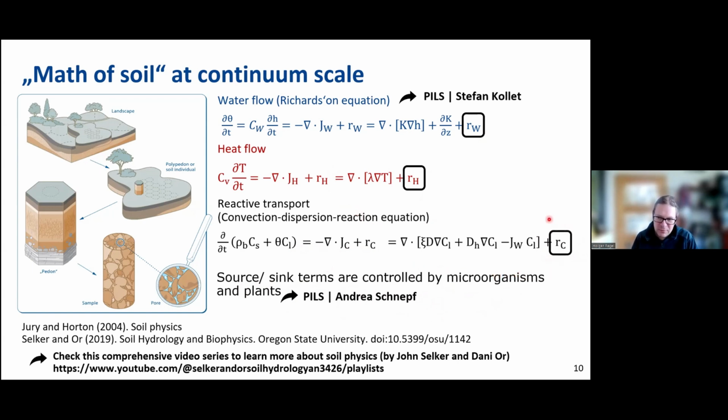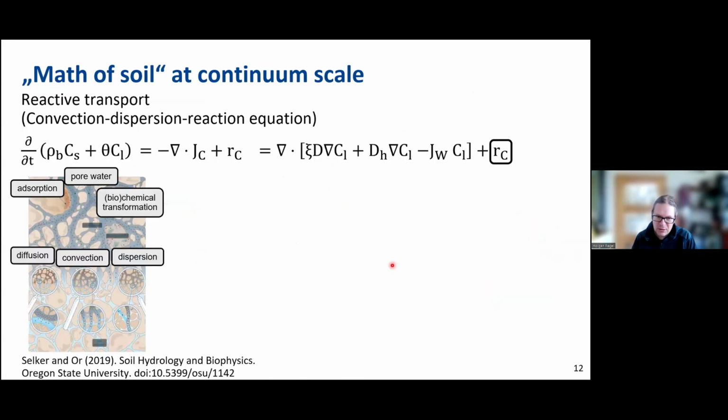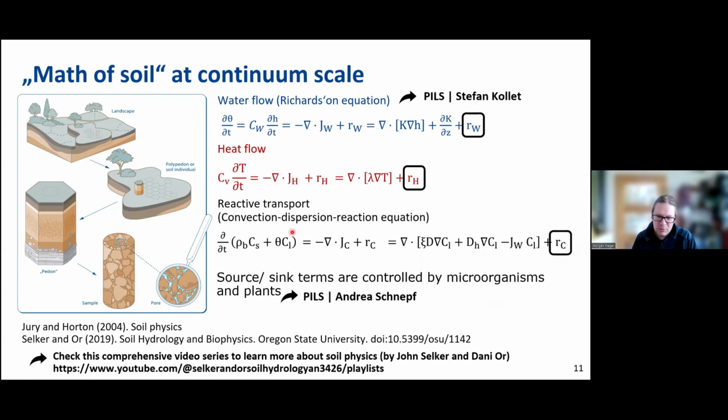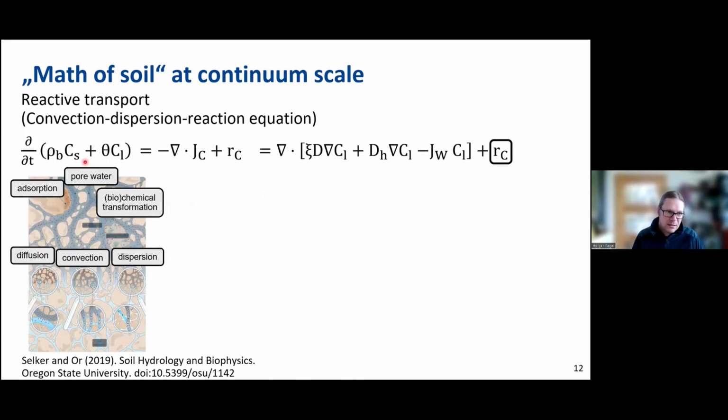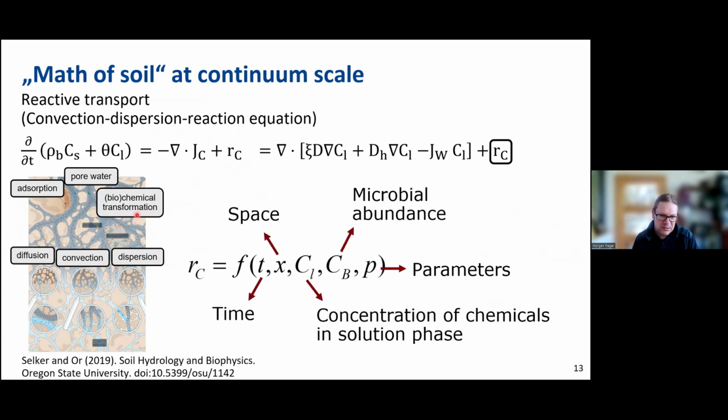And in this lecture, I will focus on the reaction term, mostly on that reaction term of the reactive transport equation here. So when you look at reactive transport, there are several processes that are part of this transport term here. The main processes here are diffusion, convection, and dispersion. And the main process that defines the reaction term is the biogeochemical transformation of organic and inorganic chemicals.